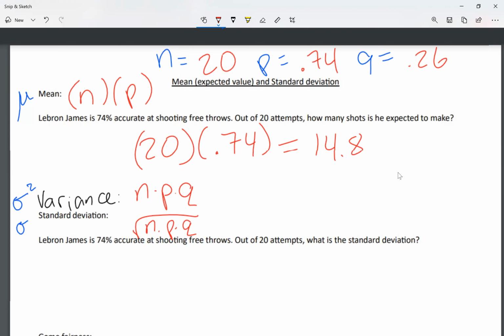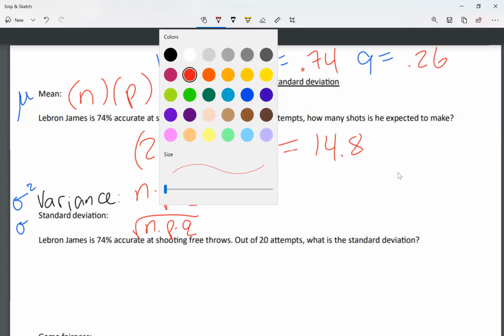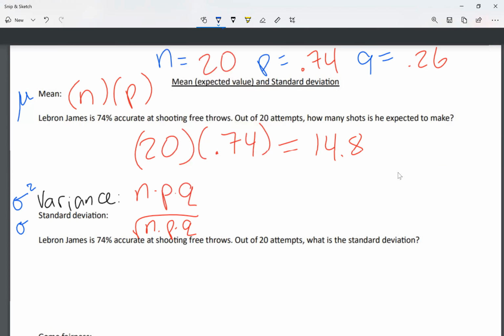Okay, so here, let me figure out our variance in my example. What is my variance? I'm just going to go 20 times 0.74 times 0.26.